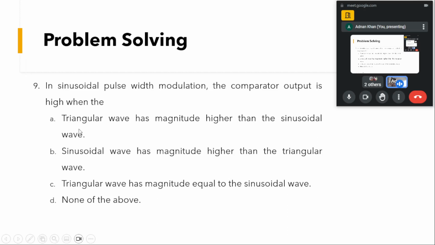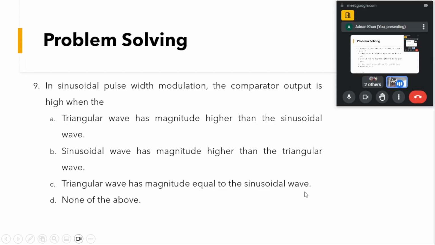The options given are: the triangular wave has a magnitude higher than the sinusoidal wave; the sinusoidal wave has a higher magnitude than the triangular wave; the triangular wave has a magnitude equal to the sinusoidal wave. Can anybody answer this question? We had discussed this in sinusoidal PWM.